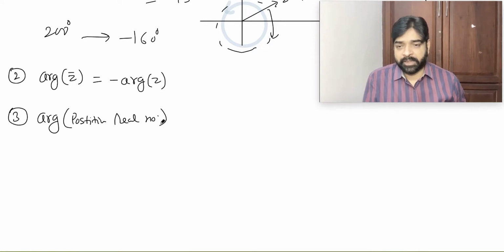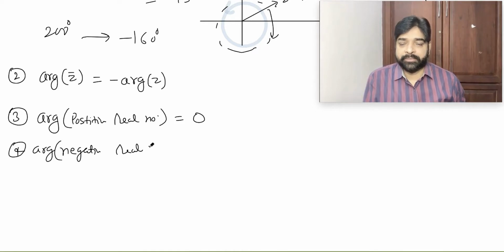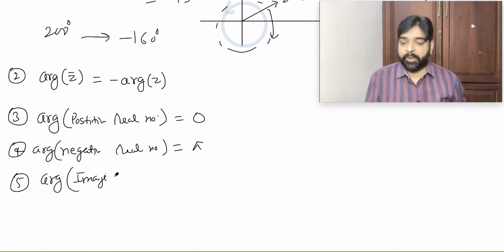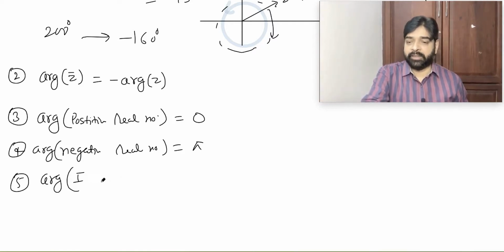This we also discussed, but as notes we are writing 0. Argument of a negative real number will be pi. Next, argument of an imaginary number, a pure imaginary. That's the correct word.